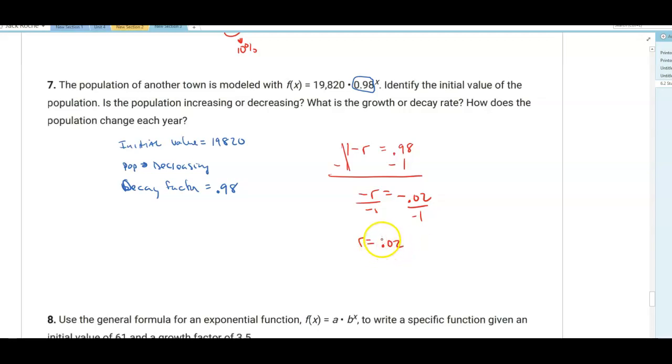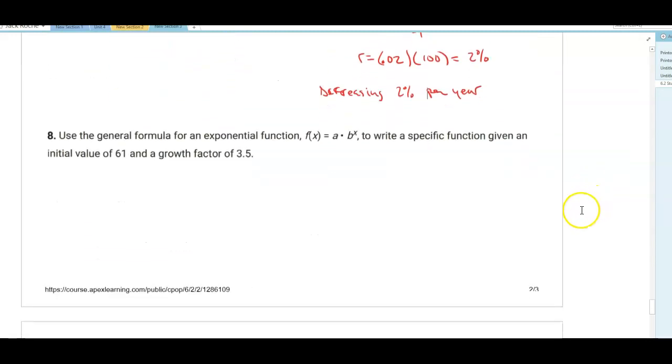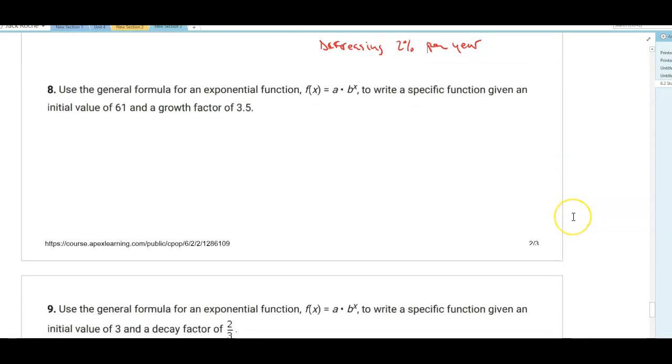Now that would be as a decimal, so I have to multiply that by 100 to get 2%. We said it was decay, so we know it's decreasing 2% per year. Okay, so it's important to be able to do that.